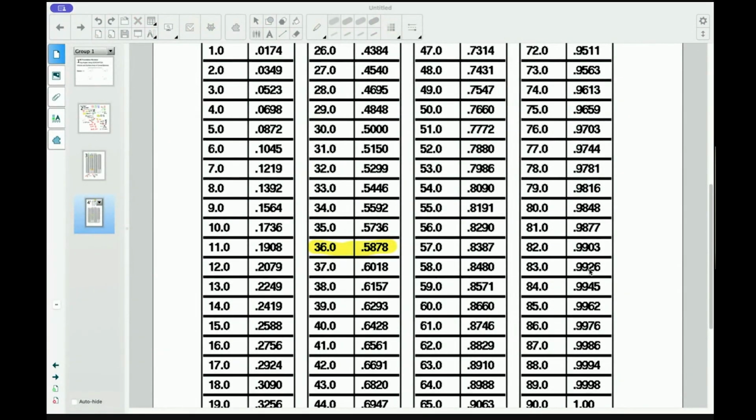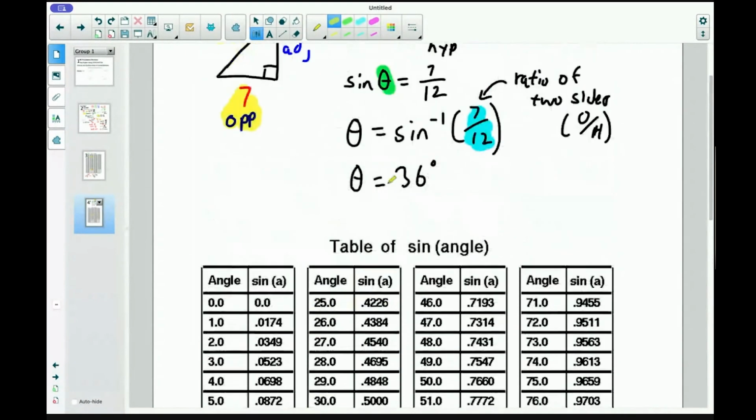What if it has two numbers multiplied together instead of dividing? So are you asking what happens if we have theta equal to inverse sine of 7 times 3? That would never happen.